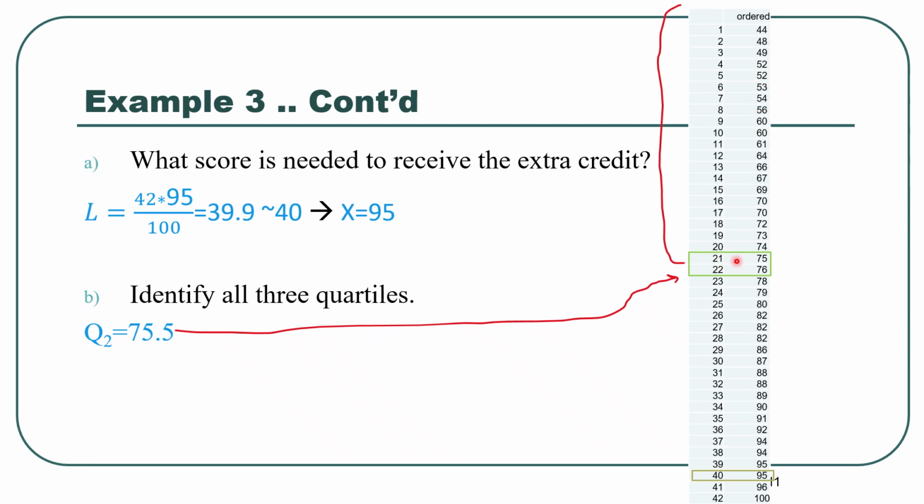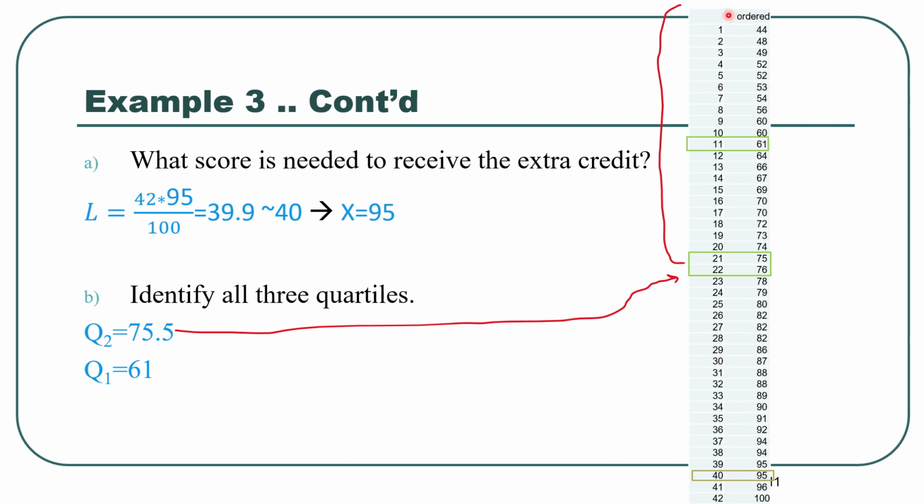So 21 over 2, to find the middle, is 10 and a half. It's not a whole number, so I'm just going to round it up. So the value of my Q1 is the value in position 11.